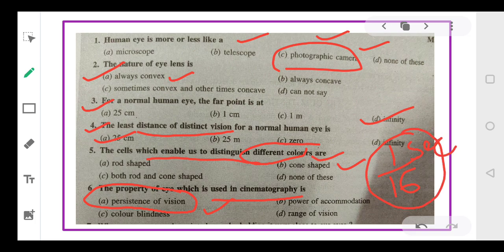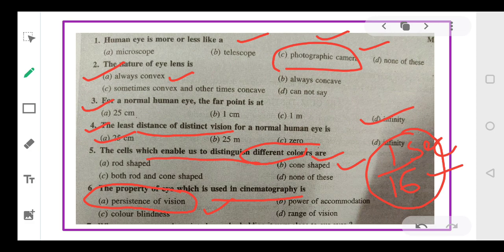ठीक है, तो जब हम किसी चीज़ को देखते हैं तो इमेज बनती है, और वो इमेज हमारी आँखों पर, रेटिना पर 1/16 ऑफ सेकेंड के लिए रहती है. ठीक है, अगर इससे पहले हम किसी और चीज़ को देख लेते हैं तो 2 इमेजेस बनेंगी. तो हमारा ब्रेन इन 2 इमेजेस को कंटिन्यूस देखेगा. हमारे ब्रेन को ऐसा लगेगा कि ये इमेज कंटिन्यूटी में है.